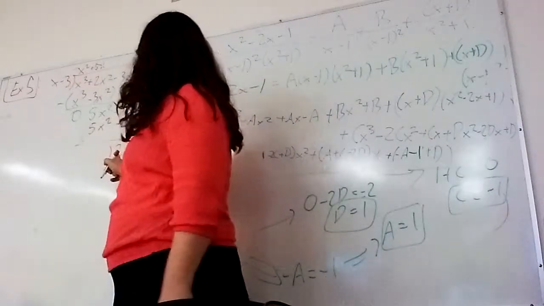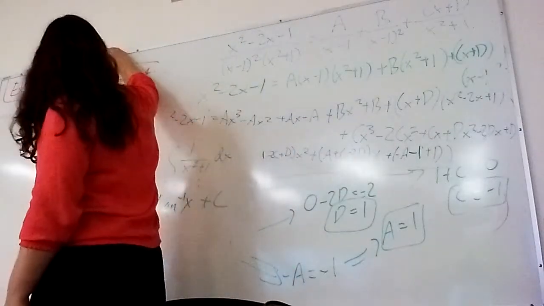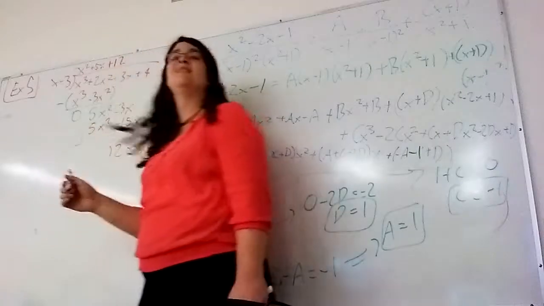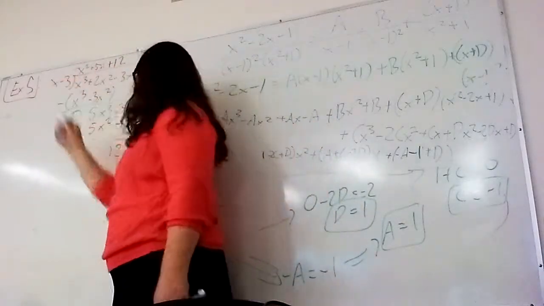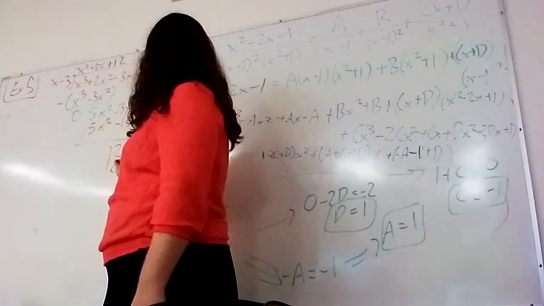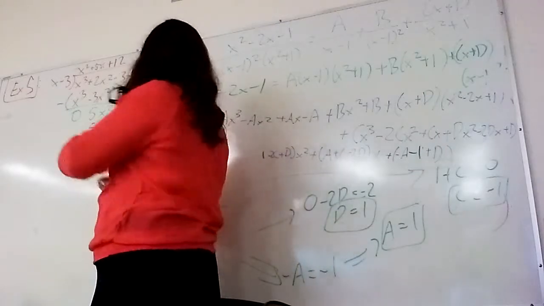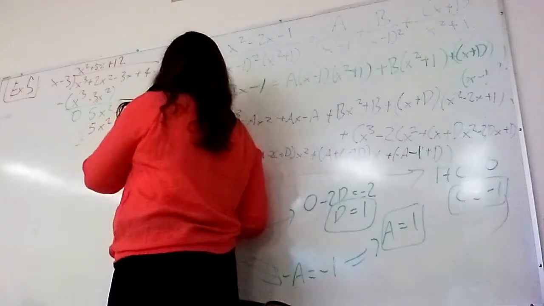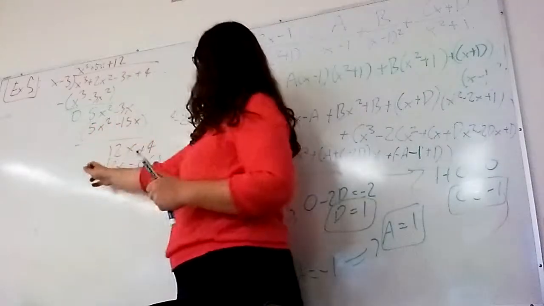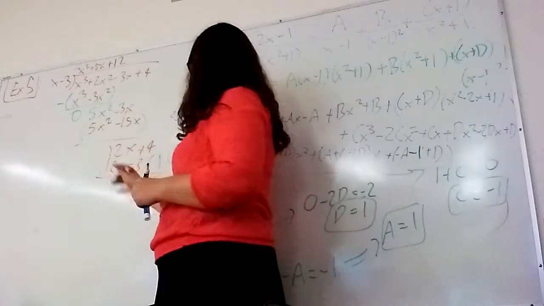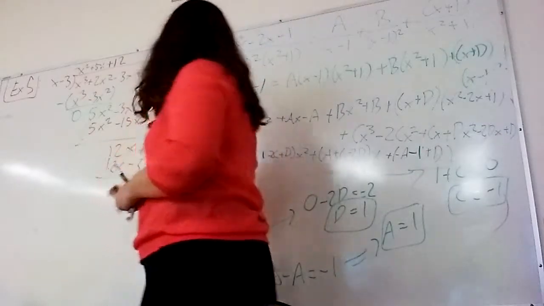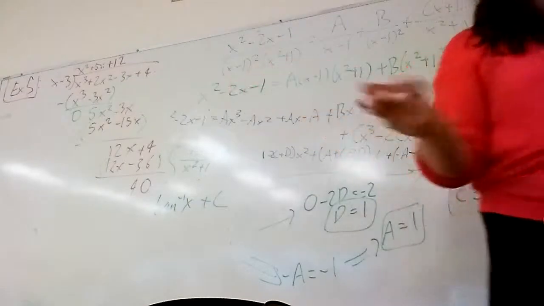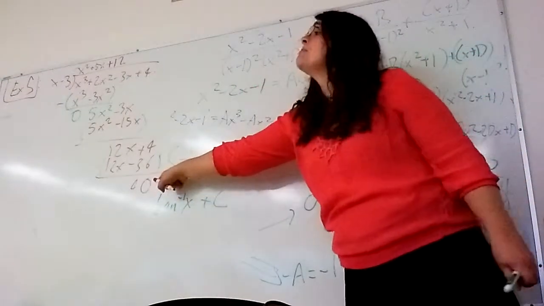12x divided by x is 12. 12 times x minus 3 is 12x minus 36, since 12 times negative 3 is negative 36. Subtract. 12x minus 12x is 0. 4 minus negative 36 is 40. So this thing here is called the remainder.